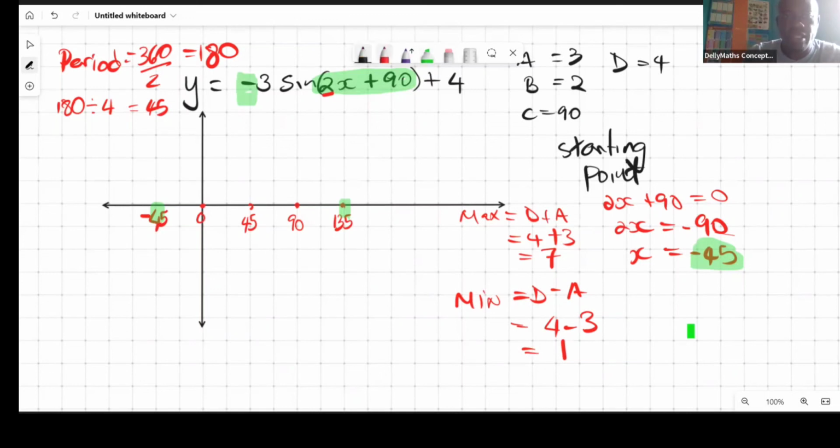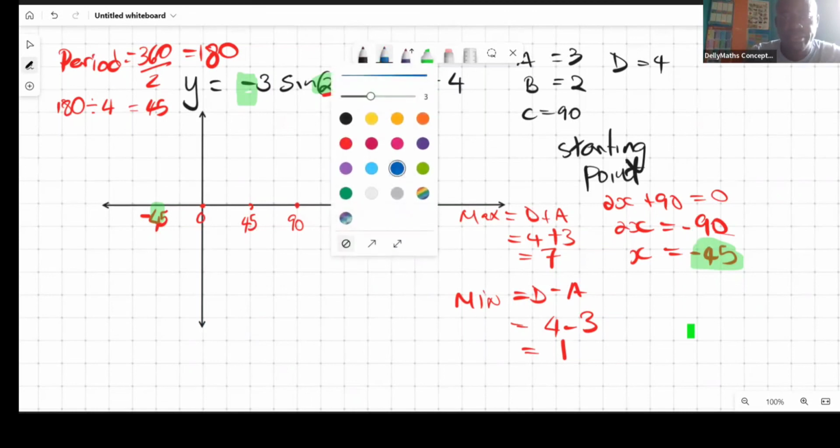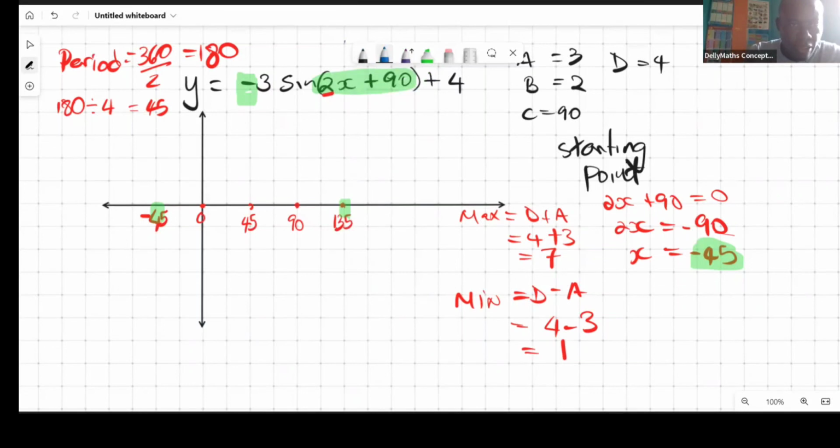We're talking about the key spots now. We're going to be starting right here, right? Ordinarily. But remember that there is a vertical shift. 4. So then we're going to have to find where 4 is, right? So let's put on our 4 anywhere.